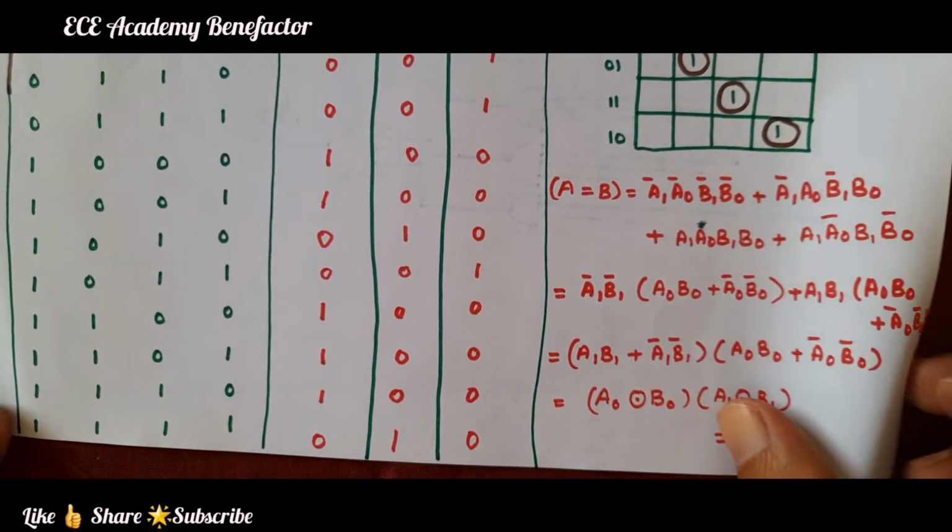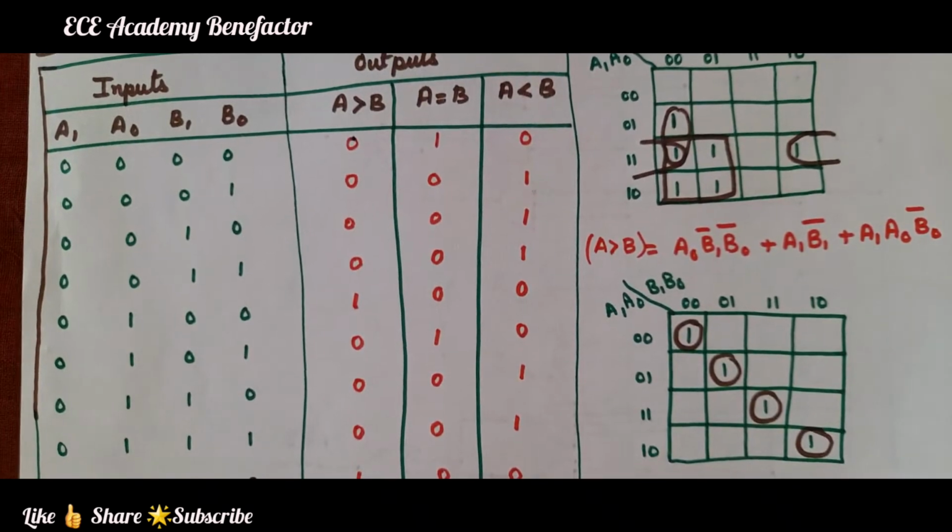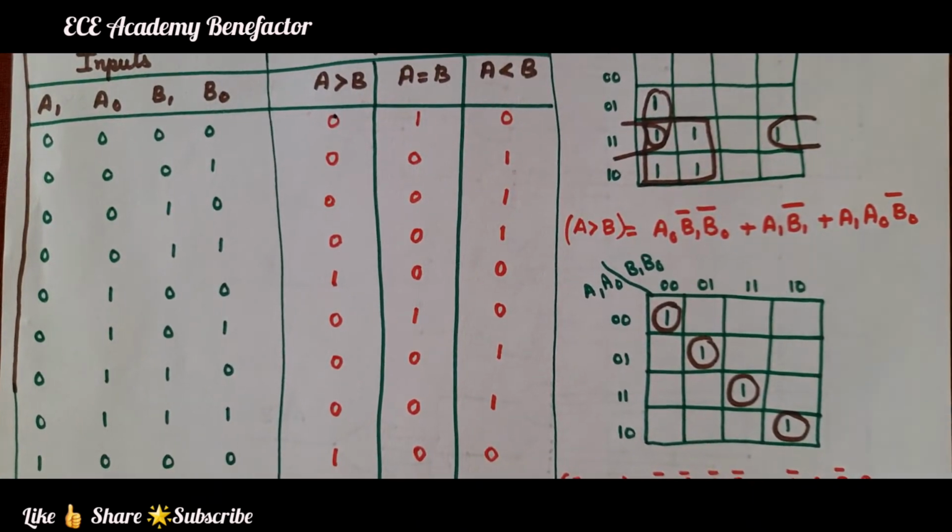So, we have written the binary combinations from 0, 0, 0, 0 to 4 ones, a total of 16 combinations, 0 to 15.